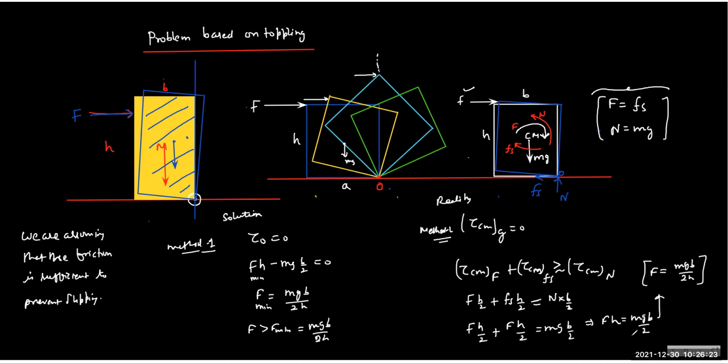But sometimes our interest will change, and the examiner will ask you to find the condition of mu s, the coefficient of static friction, such that the body topples.